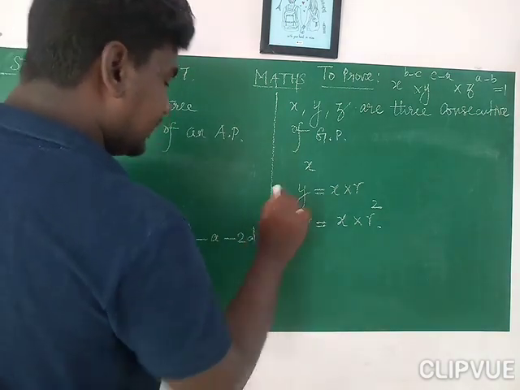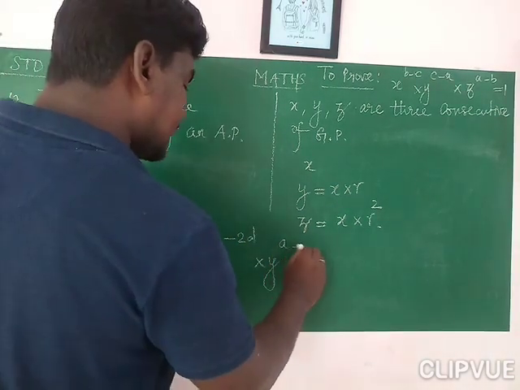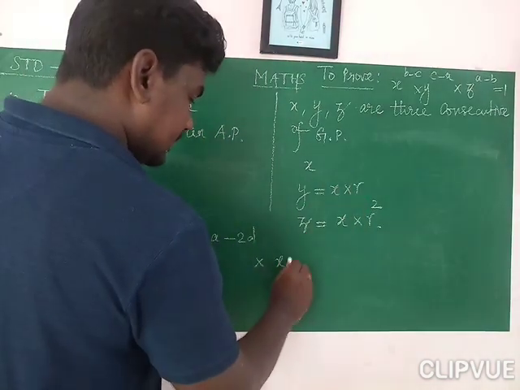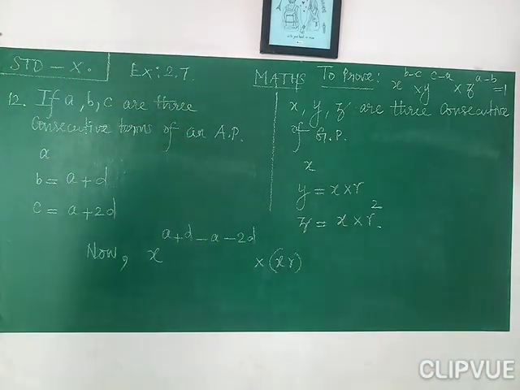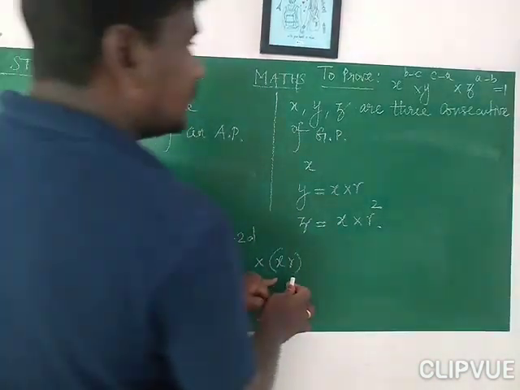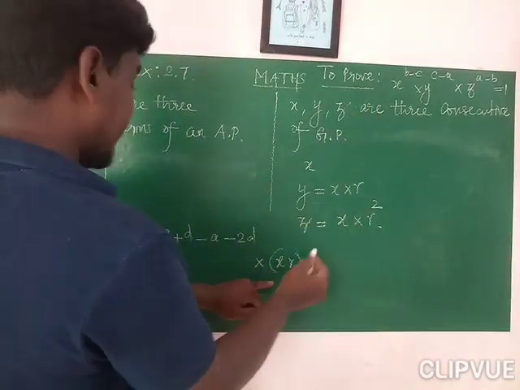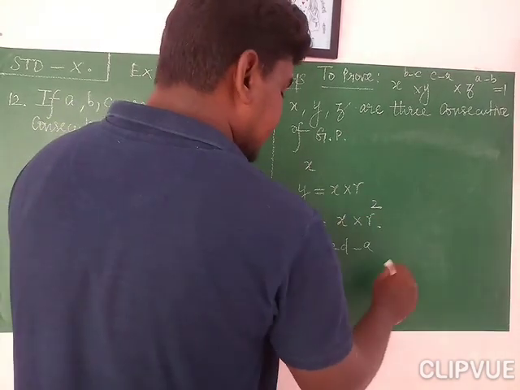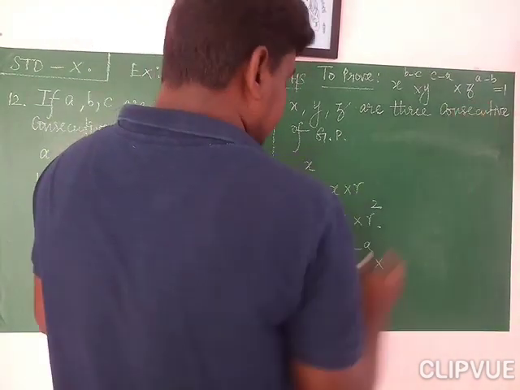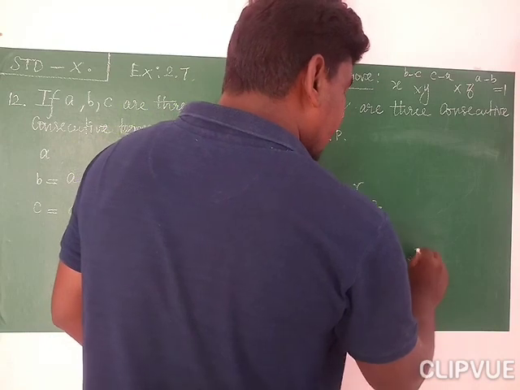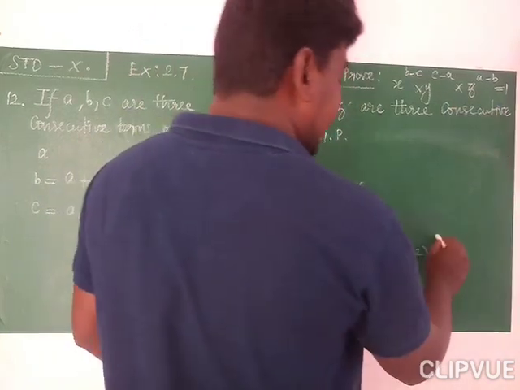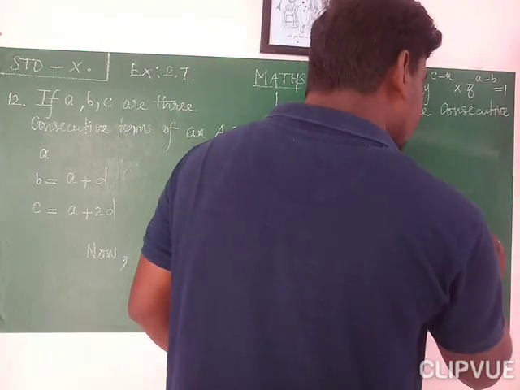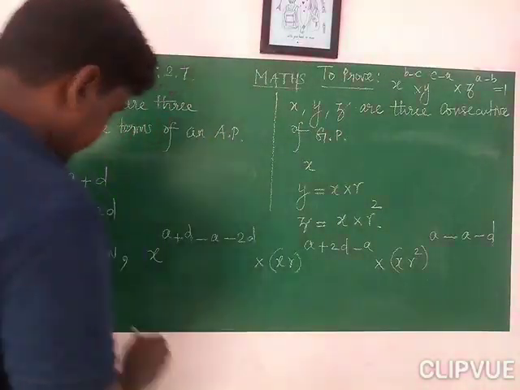Into Y power C minus A. Y value is X into R, so X into R power C, where C is A plus 2D, minus A. Into Z power A minus B, where Z is X into R square, whole power A minus B, with B being A plus D. When you multiply by the minus, it becomes like this.